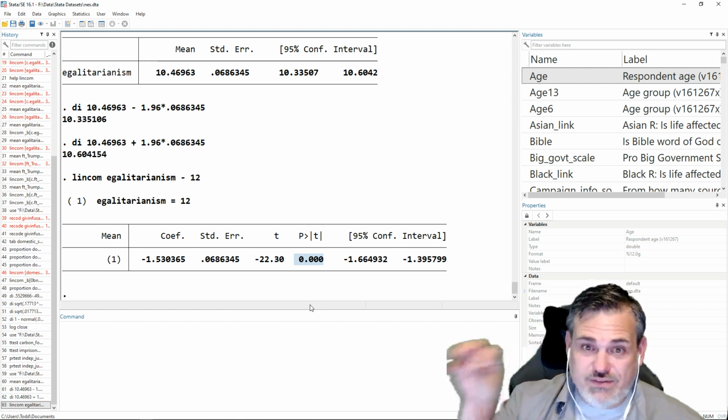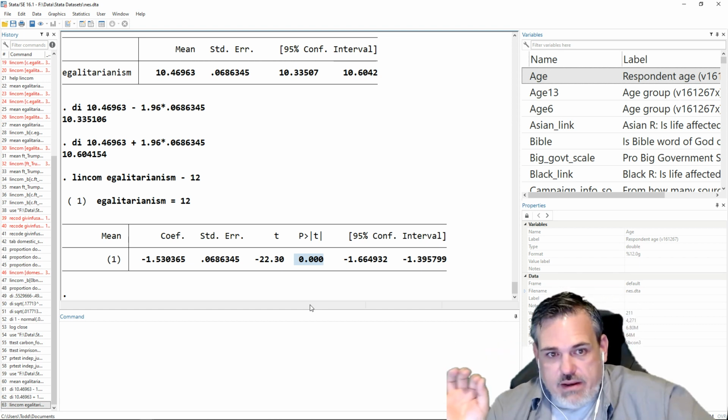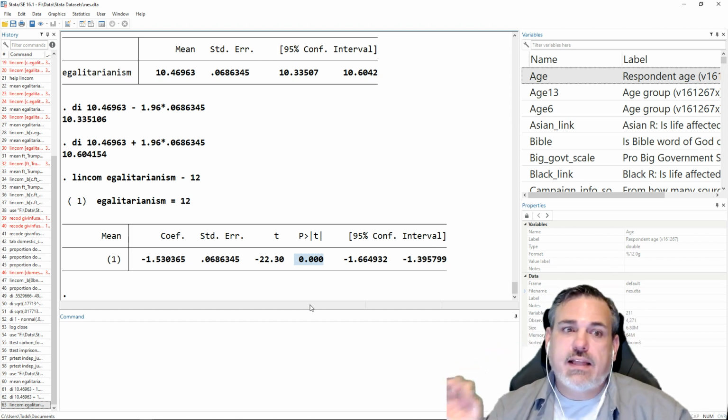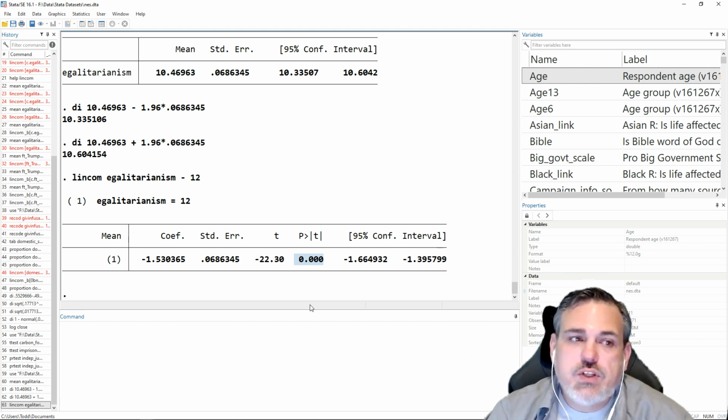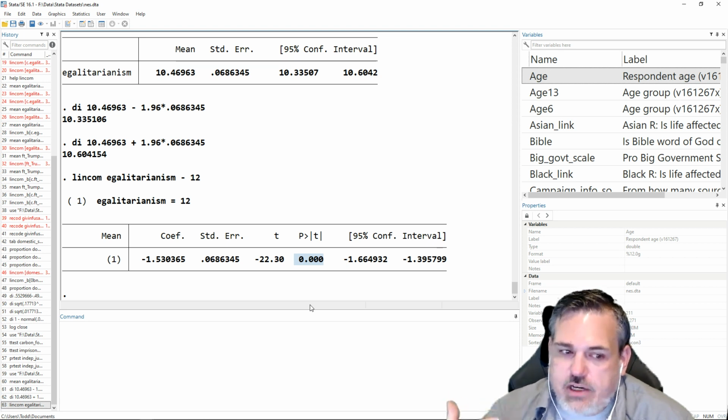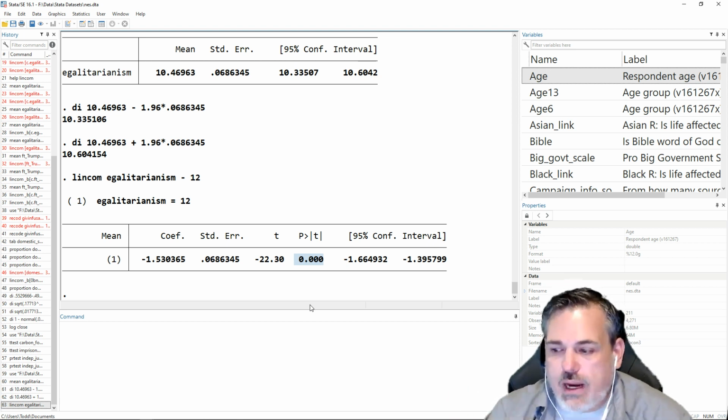It's one of those 5% of samples that lie outside of the confidence range that we have. So we would probably reject that as actually being the population parameter we want to observe.